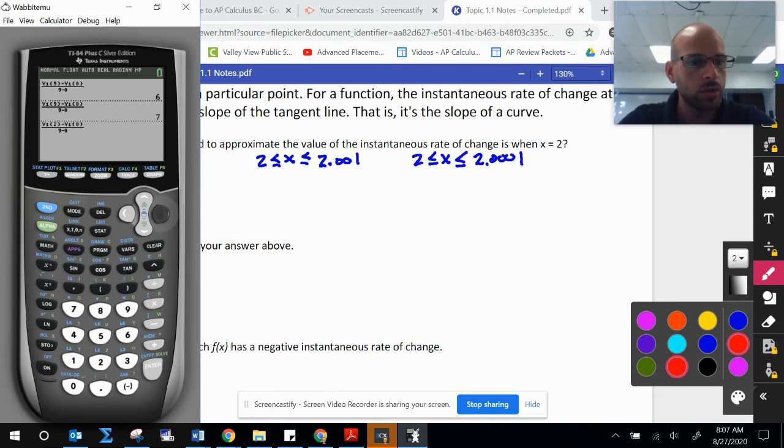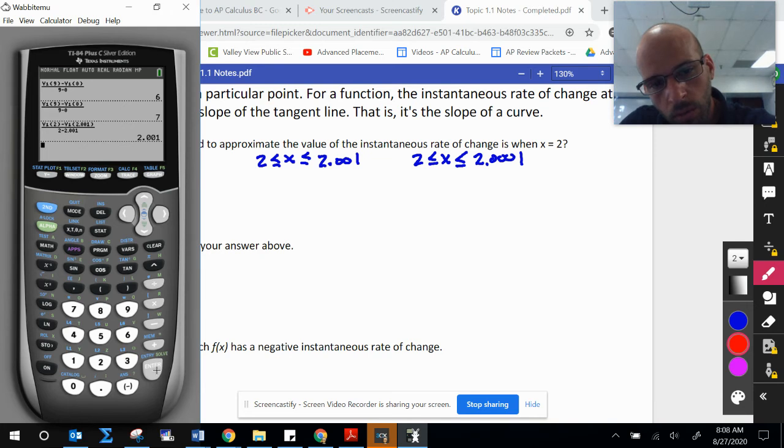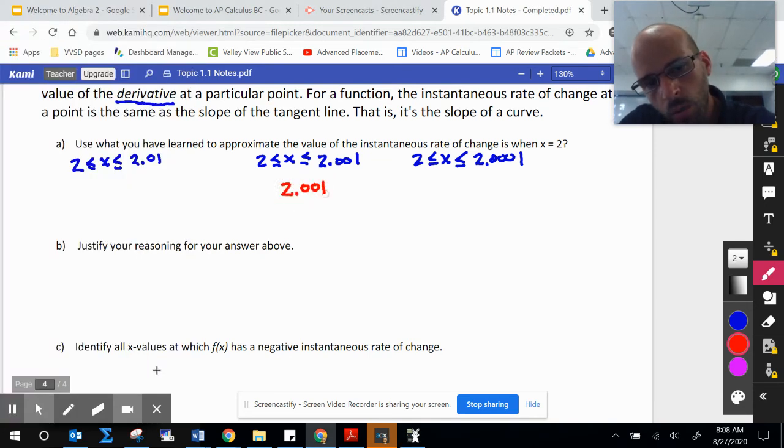We're going to go from 2 to 2.001. And if I calculate that, I get an average rate of change of 2.001.